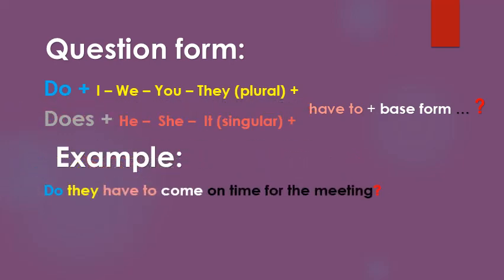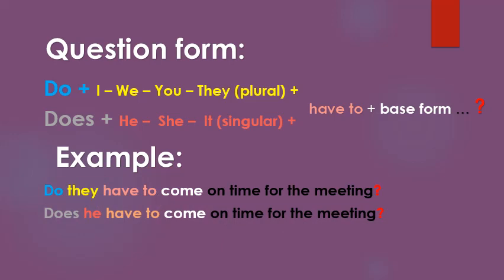Do they have to come on time for the meeting? So we add do. Why? Because the subject is plural. Another example. Does he have to come on time for the meeting? So we add does.